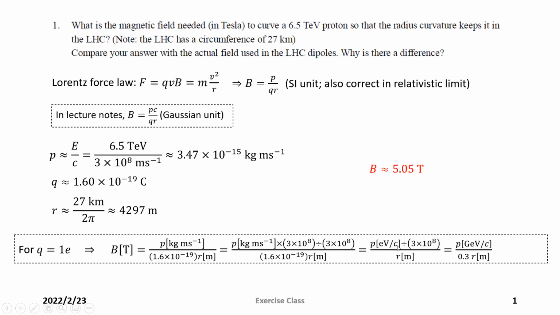Okay, so we further convert eV to GeV, then we can get B equals P over 0.3 R. I think this expression is also mentioned in your lecture slides.